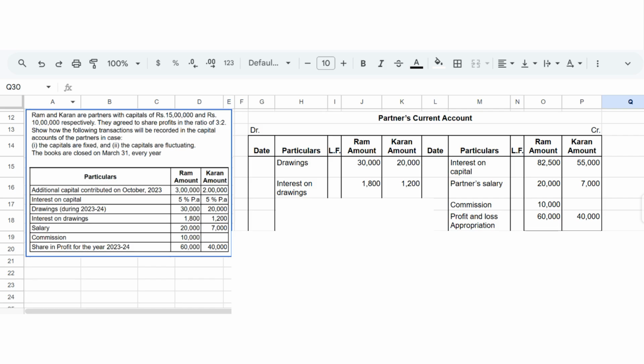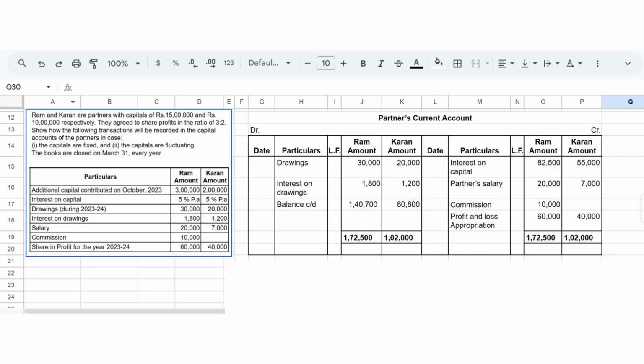Profit and loss appropriation 60,000 and 40,000. Now let's calculate the total. That is 1,72,500 and 1,02,000 credit side. So balance carried down 1,40,700 and 80,800.